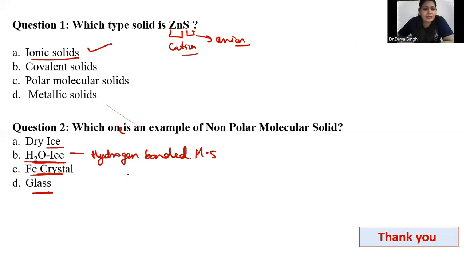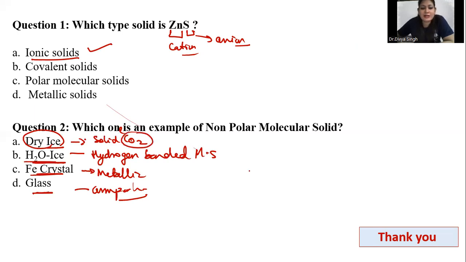Fe is a metallic solid, with metallic bonds. Glass is an amorphous form of solid. What is left is dry ice, which is solid CO2. We know that CO2 is non-polar in nature. So our answer is dry ice.